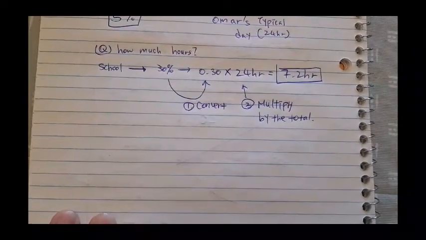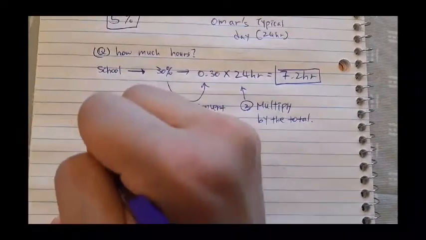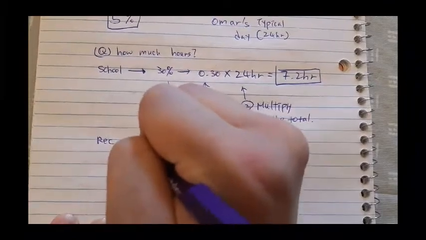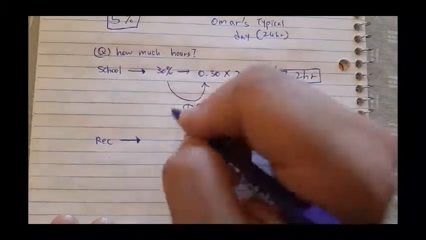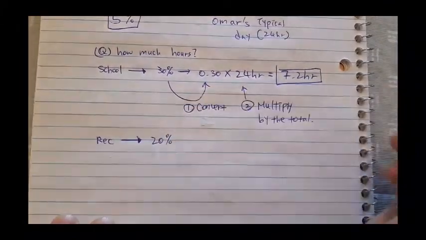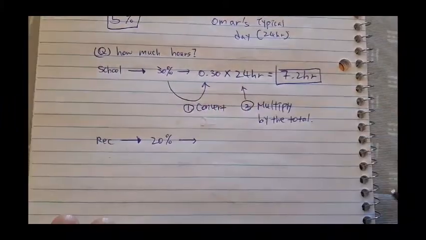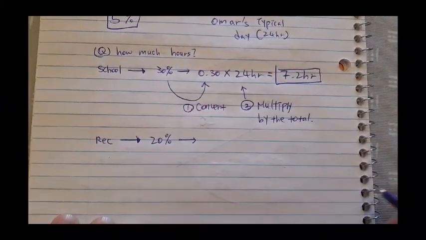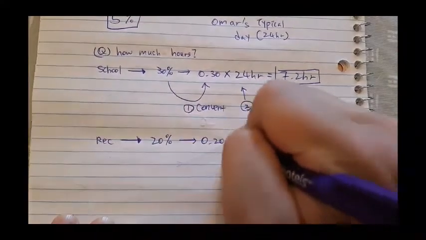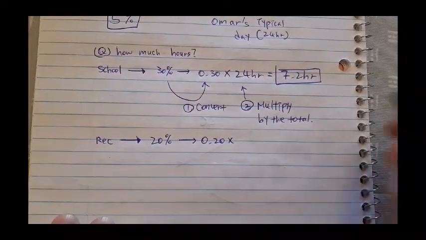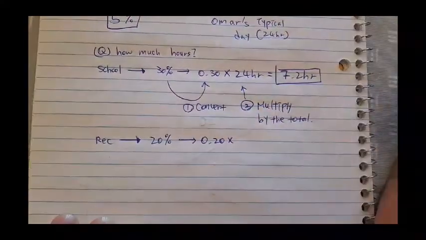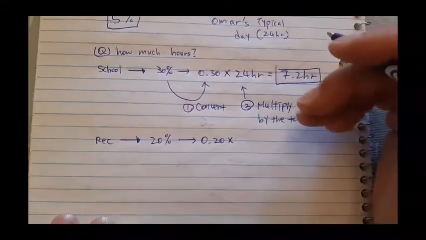If you think about anything else like recreational time, let's do that calculation. It is 20% according to the graph, which means the first step, convert it, divided by 100, 0.20. Multiply by total time, or whatever the total. In this case, it's a total time.